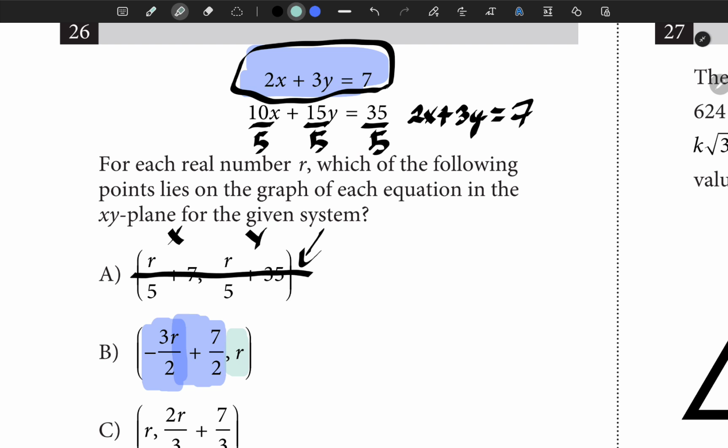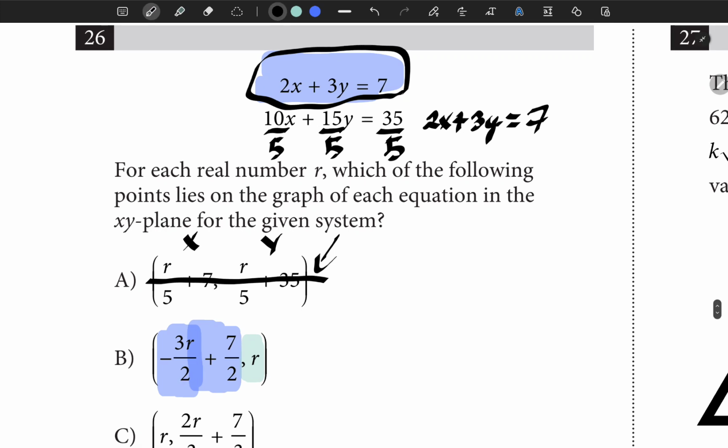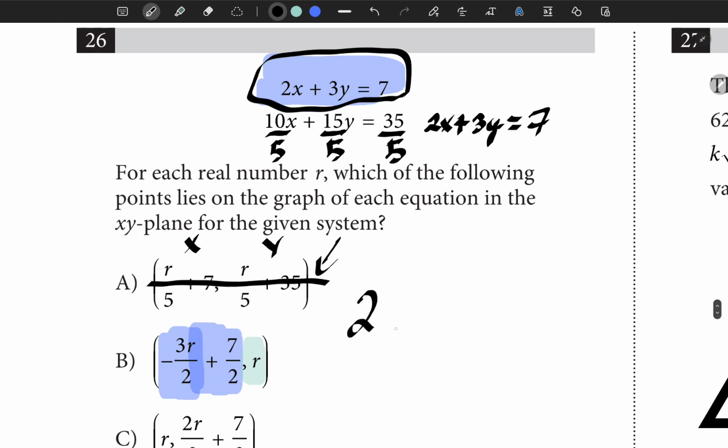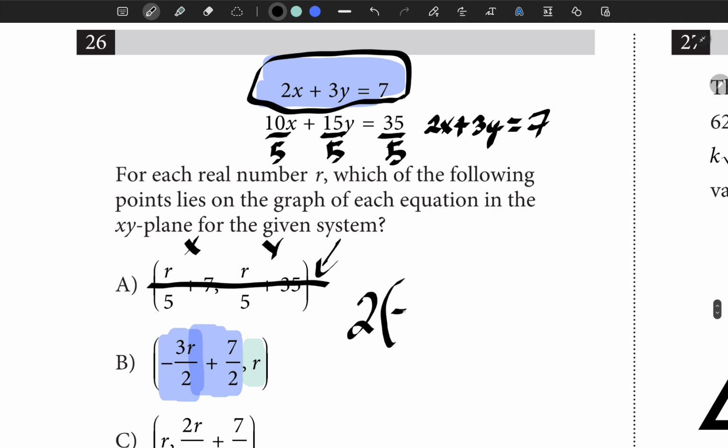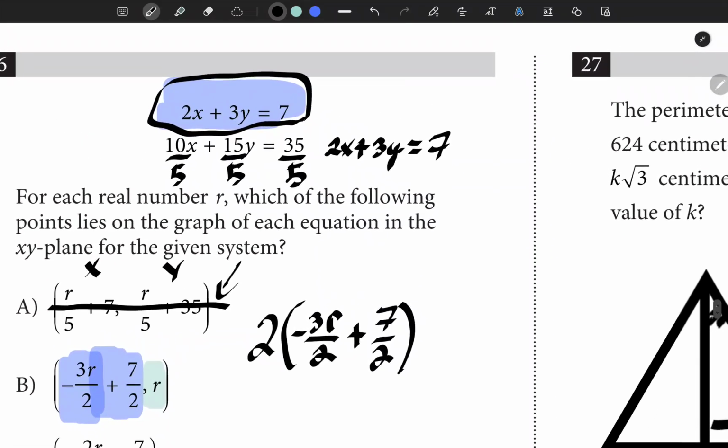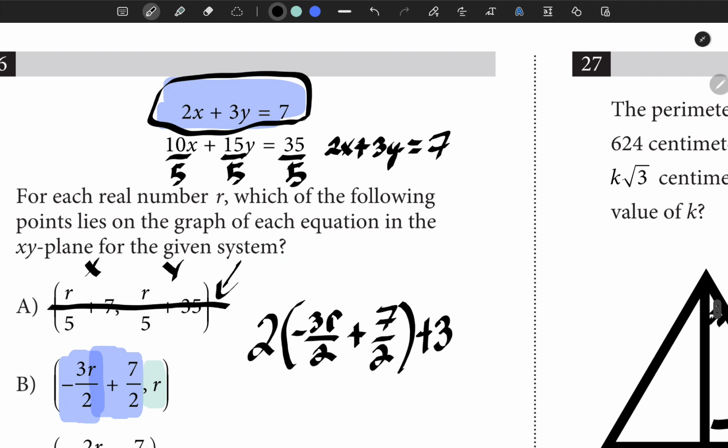So we're going to start writing our problem. I'm going to put 2 times parentheses negative 3r over 2 plus 7 over 2, plus 3y equals 7. Let's see if that's true.